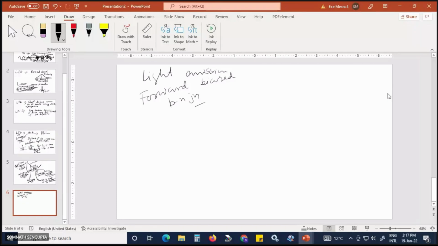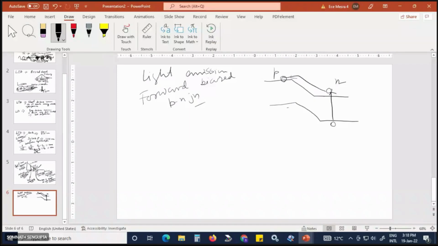Let me draw the band diagram, that is P and N. If you apply forward bias, then electrons will jump to this higher energy level, cross the barrier and go to the P region.